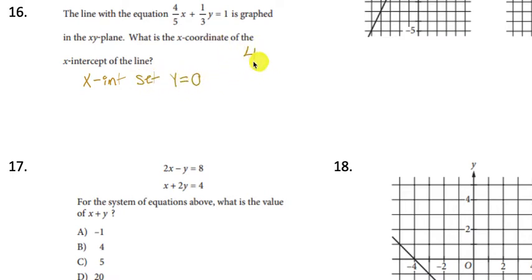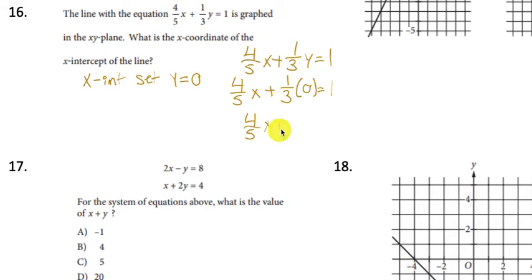We have our equation 4 over 5x plus 1 over 3y equals 1. Instead of y, we're going to plug in 0. We'll have 4 over 5x plus 1 over 3 times 0 equals 1. We know that 1 over 3 times 0 is going to be 0. And 4 over 5x plus 0 is just 4 over 5x, which equals 1.